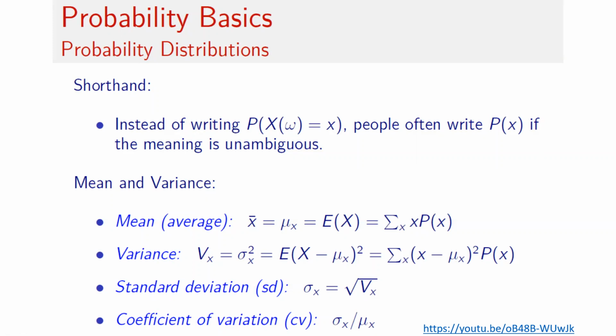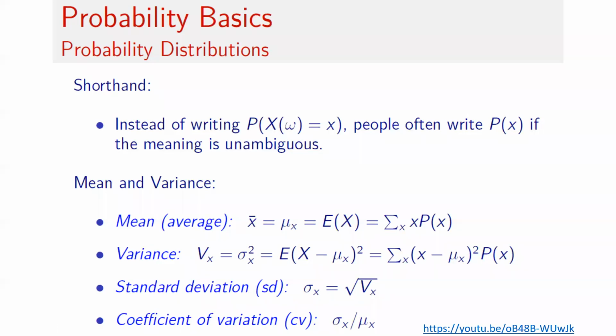When we talk about the mean, it's also called average or expected value, this uppercase E. So we can write this as capital E of x, and it's just the sum of x times P of x, this part here.